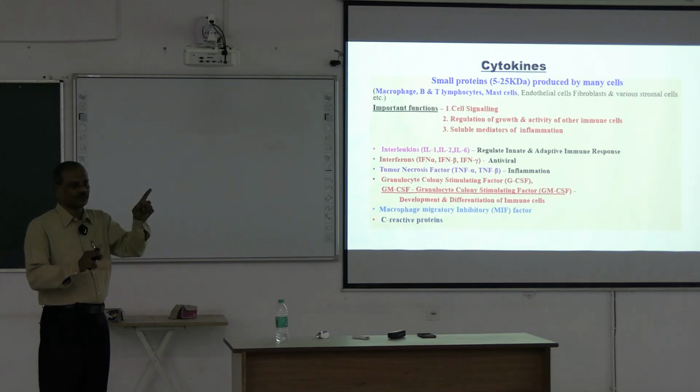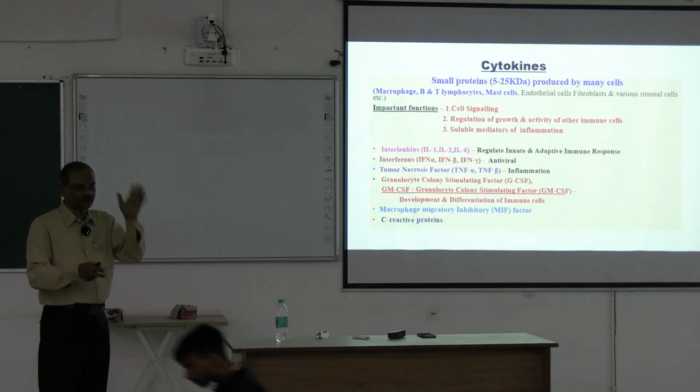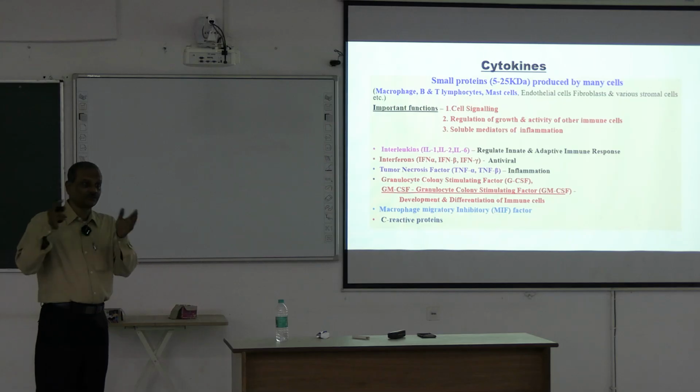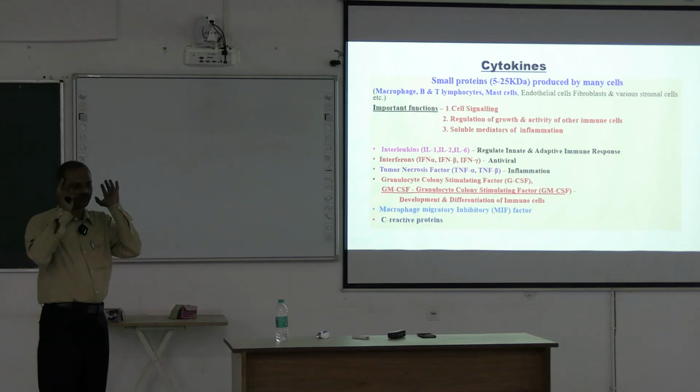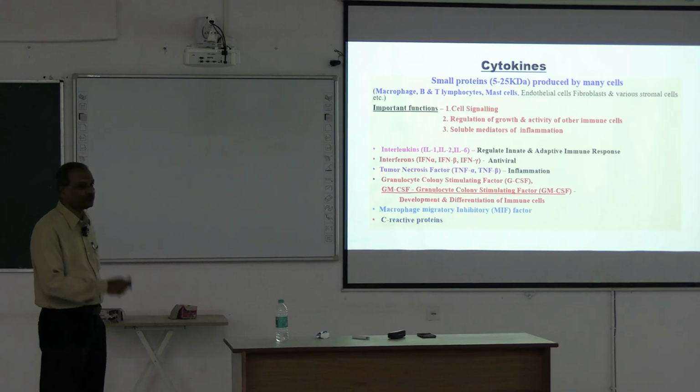And in cancer, after giving chemotherapy, destruction of cancer cells, some of the bone marrow cells are also destroyed. That's why to revive those cells, GM-CSF is given routinely after chemotherapy, and you will be using that also.